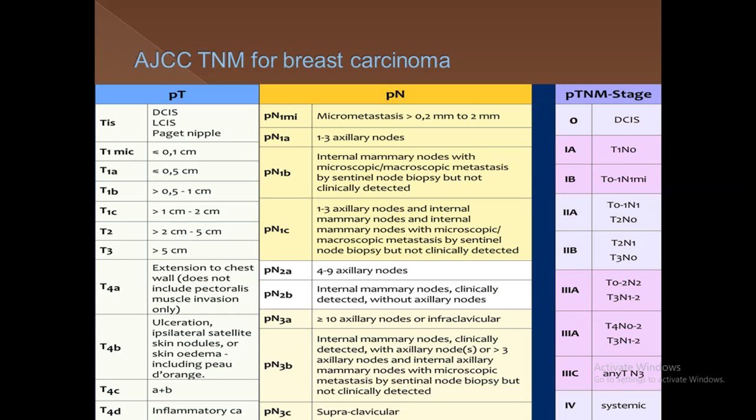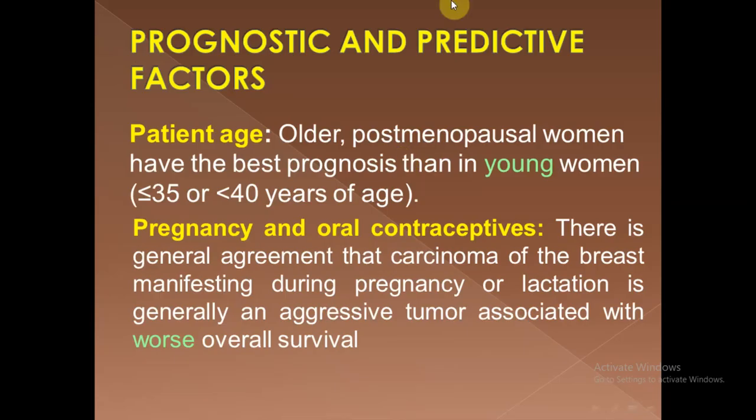So this is not regarded as metastasis. And also there might be a small lymph node that contains a metastatic malignant tumor. So it depends on the pathological staging and not the clinical staging.